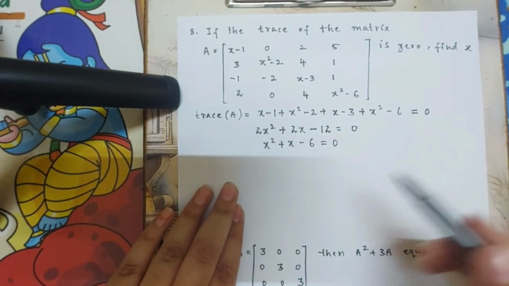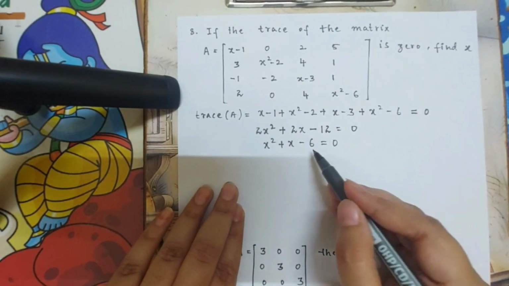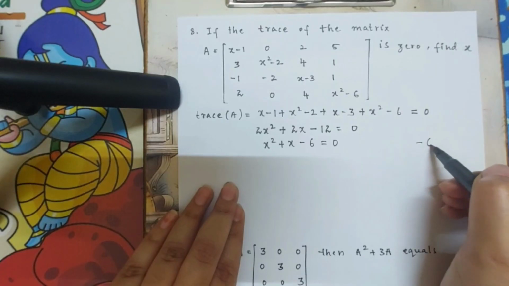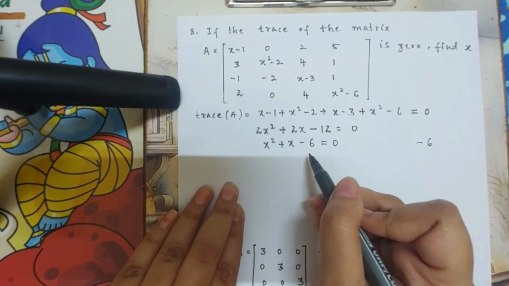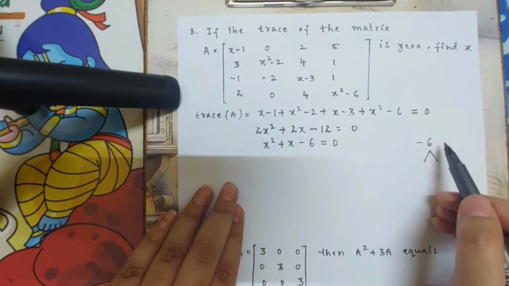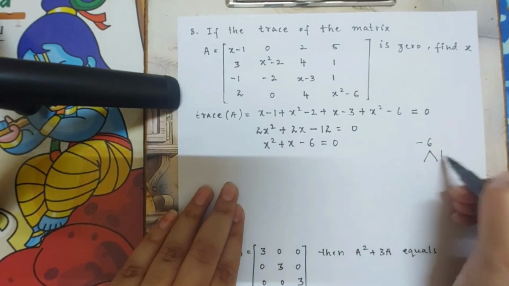So for applying the factorization, I'll be splitting up the middle term. How do we split the middle term? I'll be considering the constant, that is minus 6, and the middle coefficient, which is plus 1.